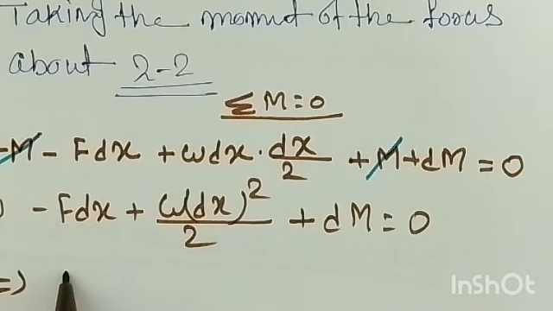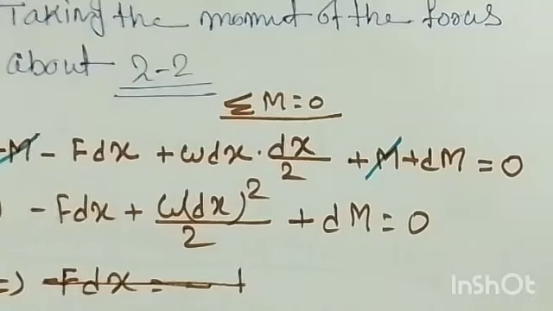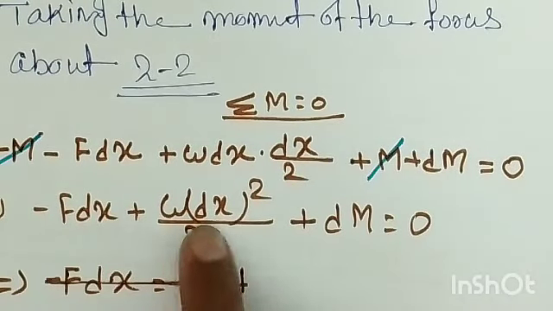Then the equation is minus F dx plus W into dx whole square by 2 plus dM.